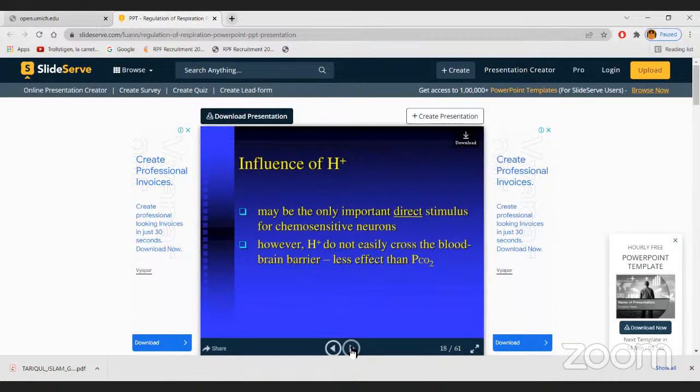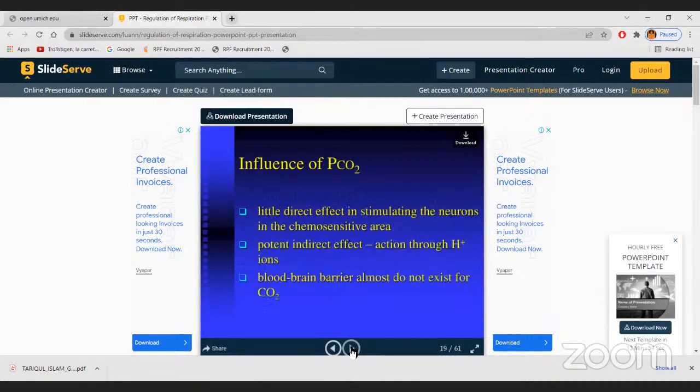However, hydrogen ions do not easily cross the blood-brain barrier, so they are less effective than carbon dioxide. Carbon dioxide has little direct effect in stimulating the neurons in the chemosensitive area, but a potent indirect effect through hydrogen ions.